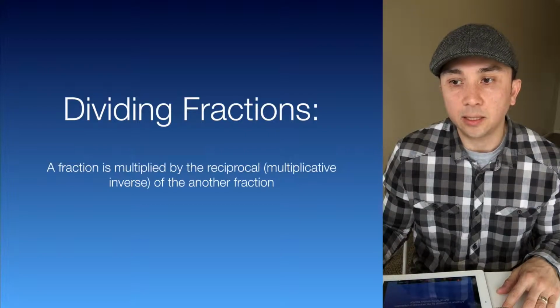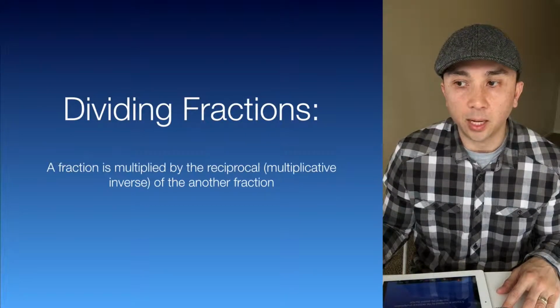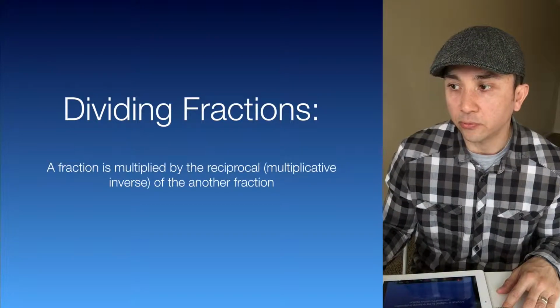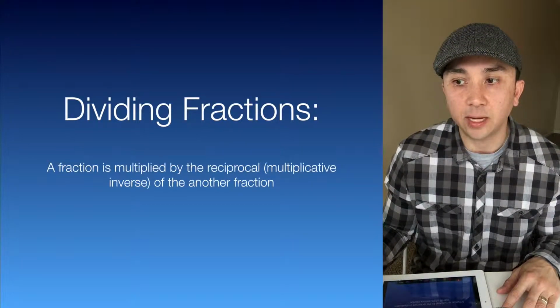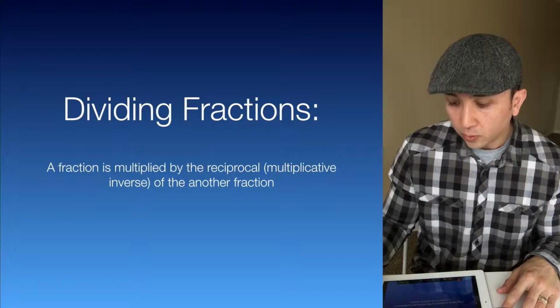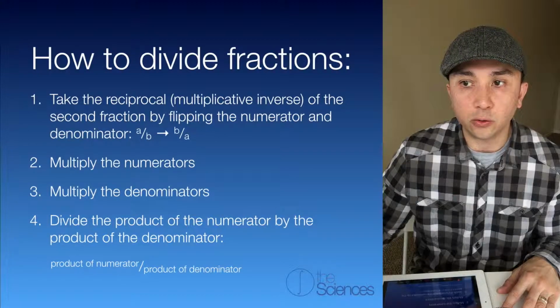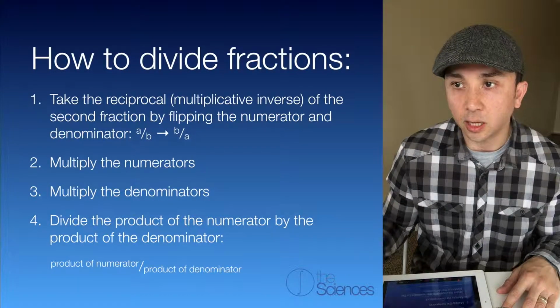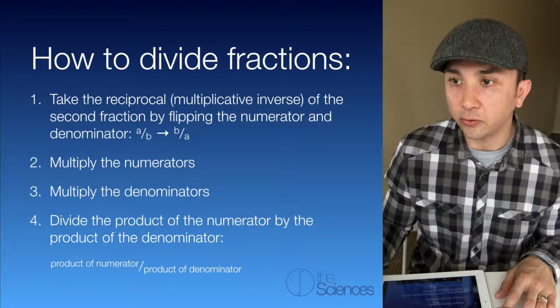Dividing fractions is when a fraction is multiplied by the reciprocal, or the correct term, the multiplicative inverse, of another fraction. What that means is you flip the numerator and the denominator. So here's how we're going to divide fractions.